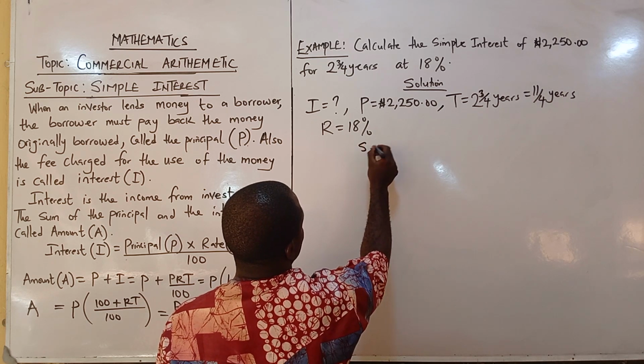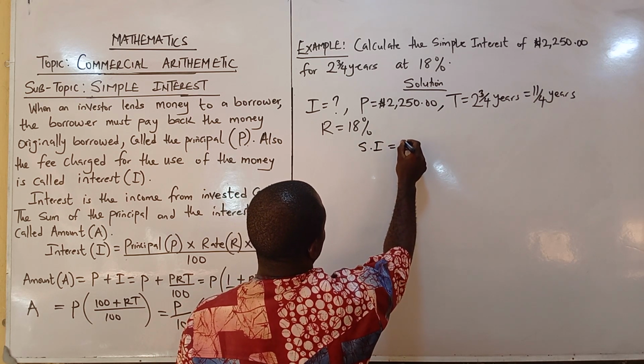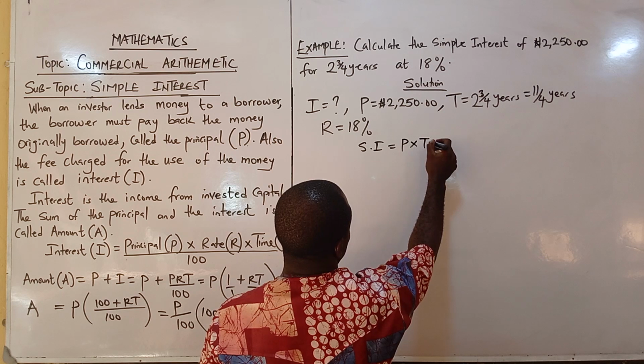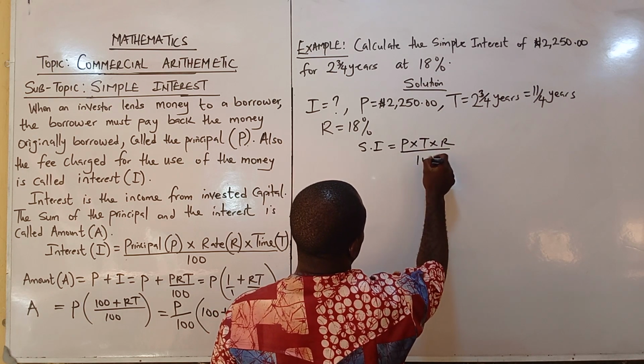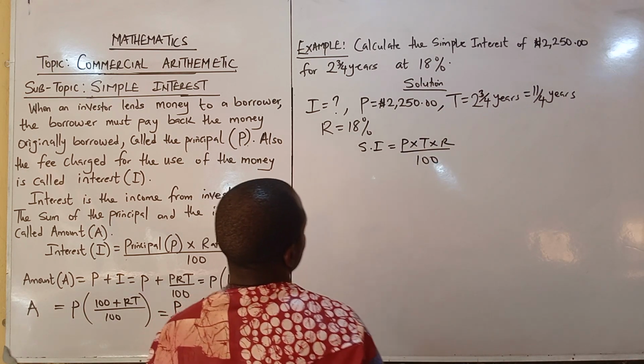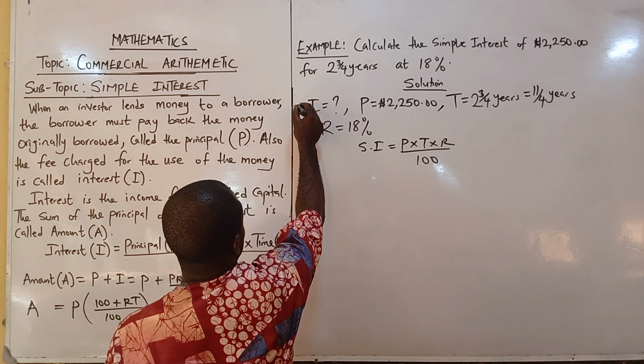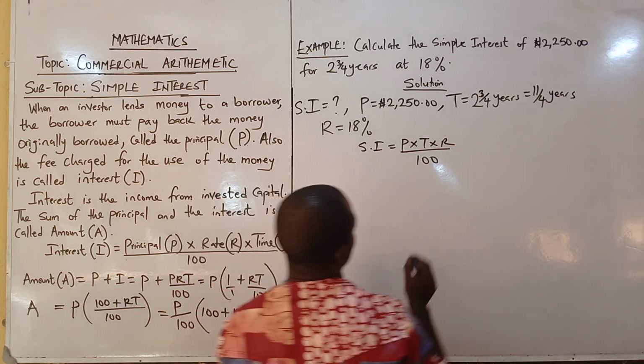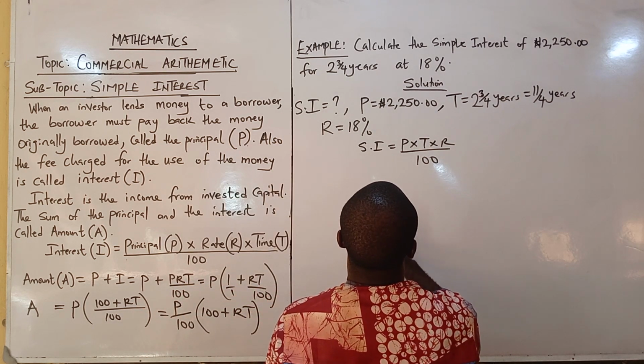Simple interest equals principal times time times rate over 100. Yes, I. Now what are we looking for?